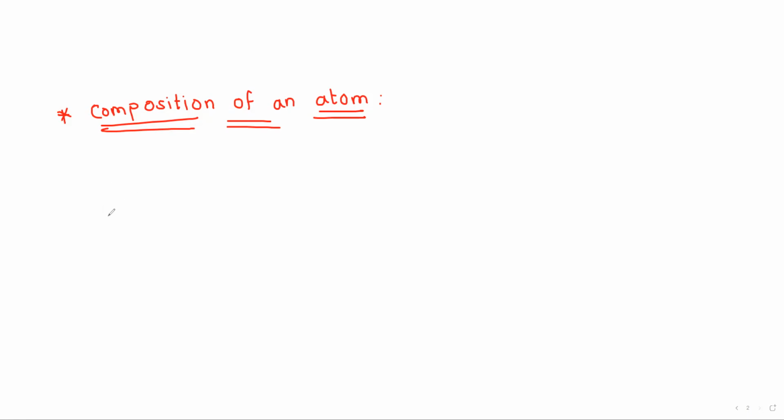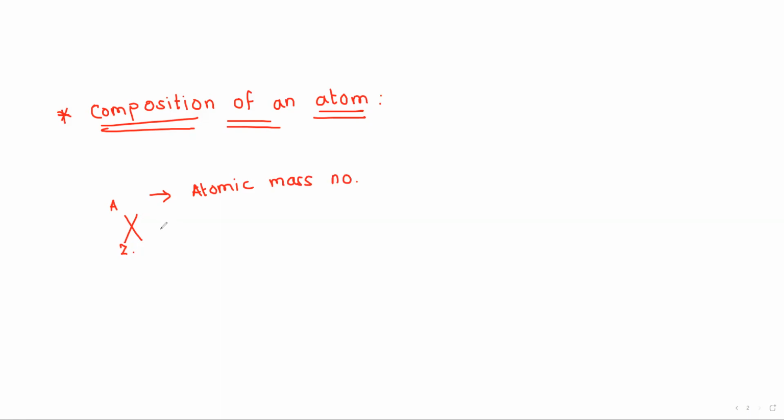That is how we will represent an atom like this: X, A, Z. This is the simple representation of any atom. Now what is this A, X and Z? Let us see this. The symbol A represents atomic mass, or you can say atomic mass number.